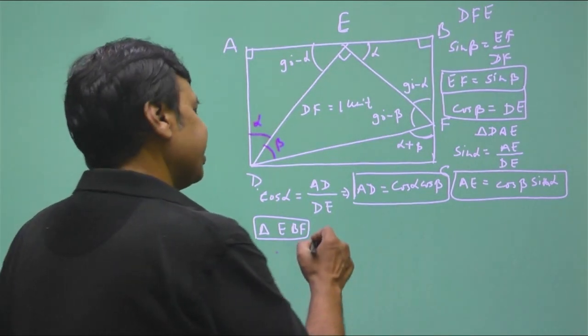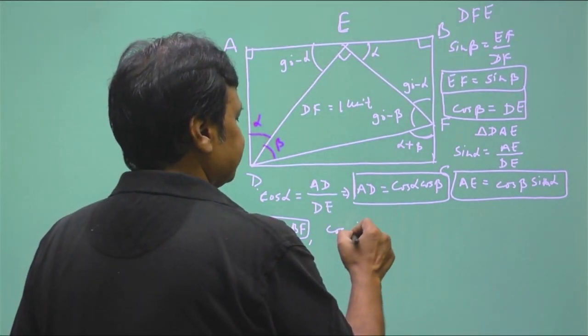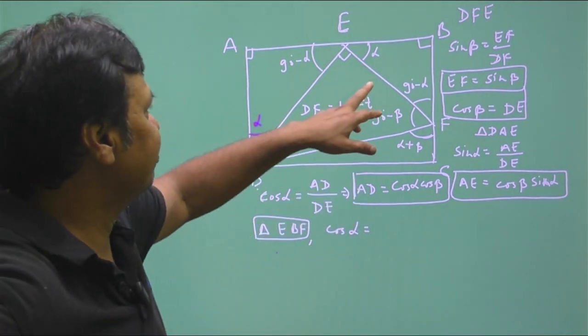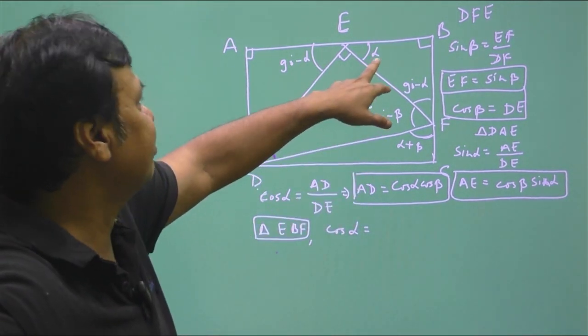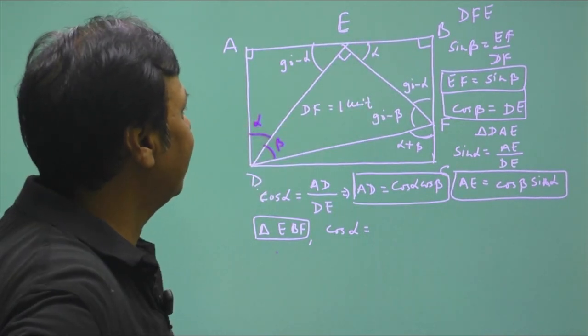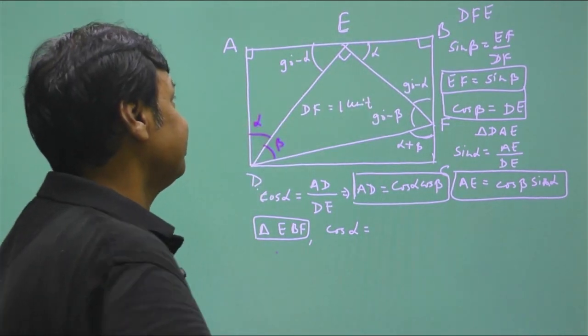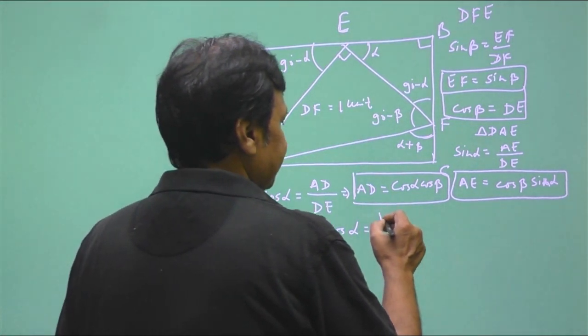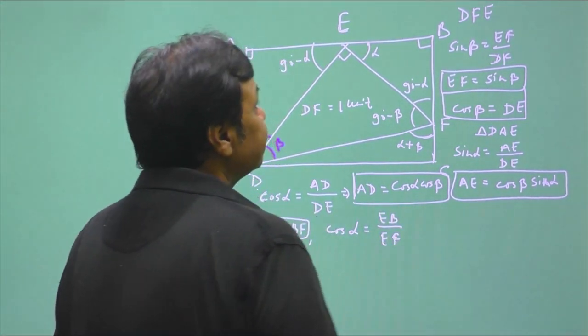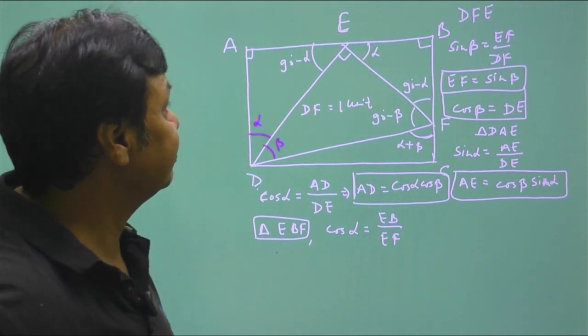Let's find again cos alpha. So I should have found out cos beta first. Later find cos alpha. Cos alpha is EB upon EF. EB upon EF. Cos alpha.